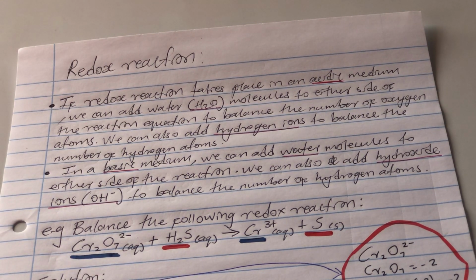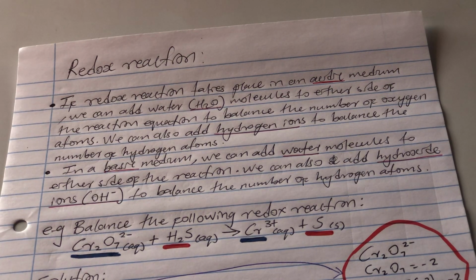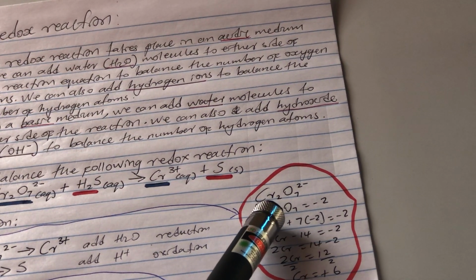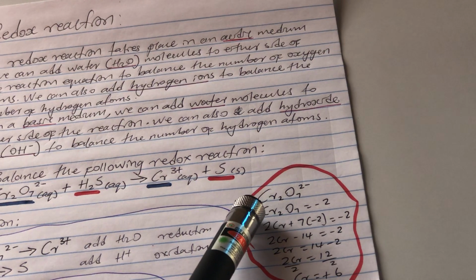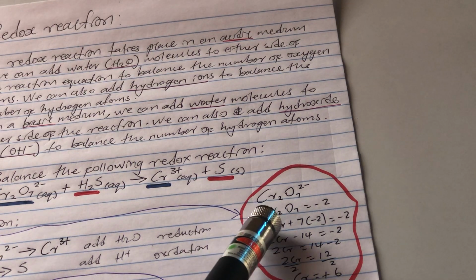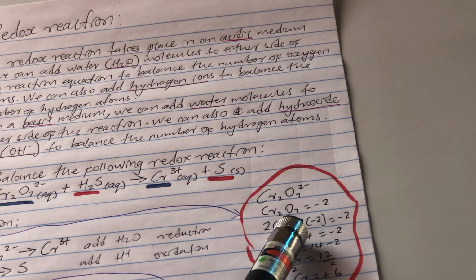If you go to part 1 of the redox reaction lesson, that's where I was teaching you how to find the oxidation number of an atom in an ionic compound. I've done it for you here, don't worry. Cr2O7 2 minus. I want to find the oxidation number of Cr. The next step, we know that it will be Cr2O7 equals 2 minus.